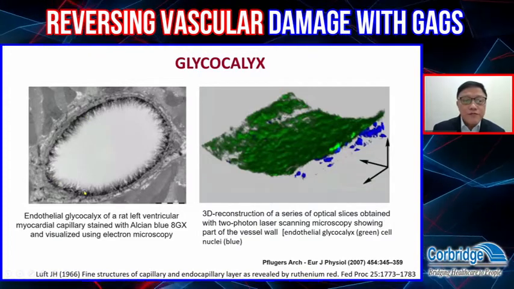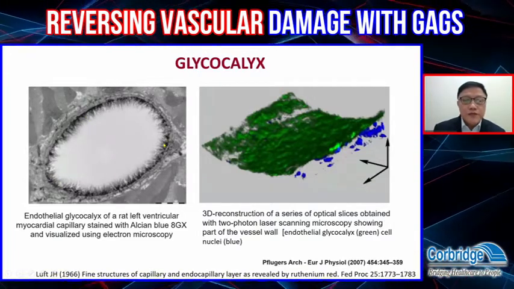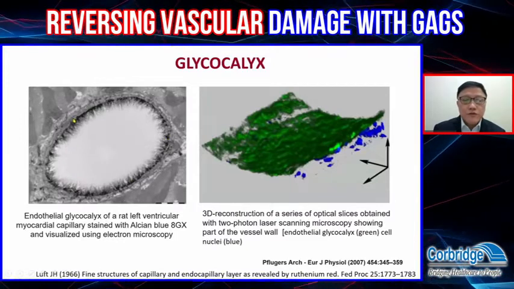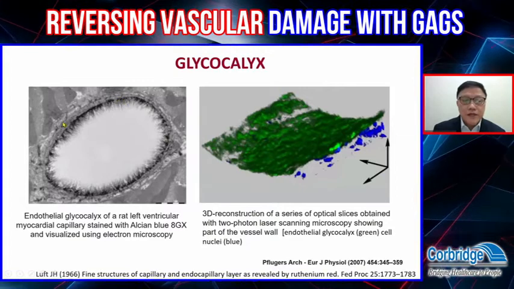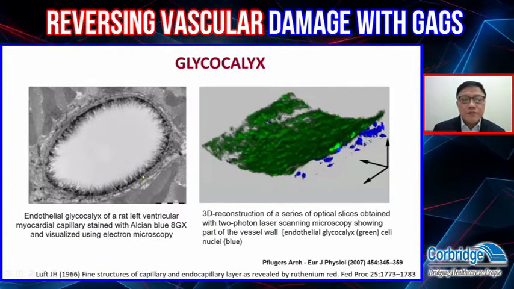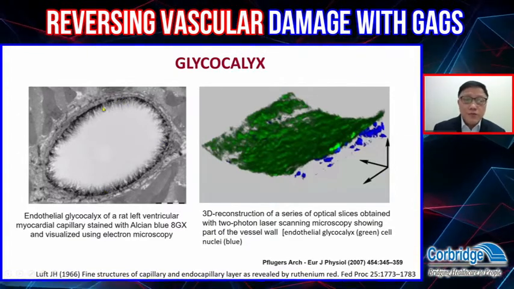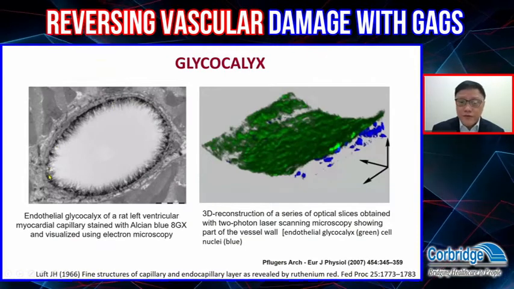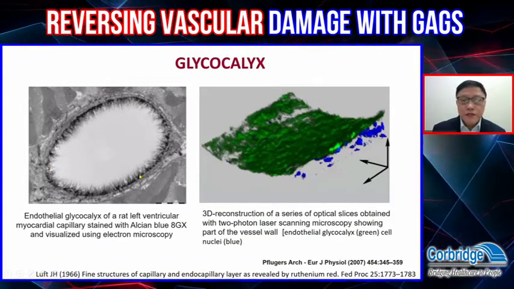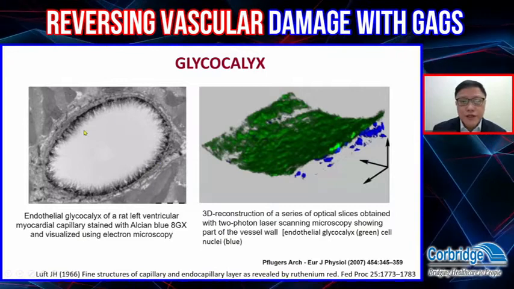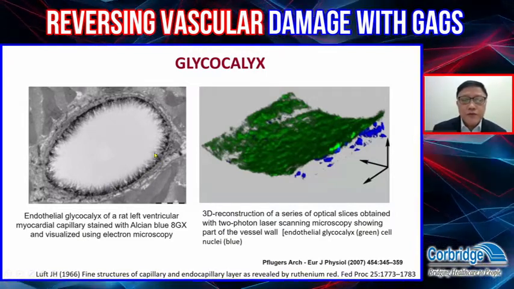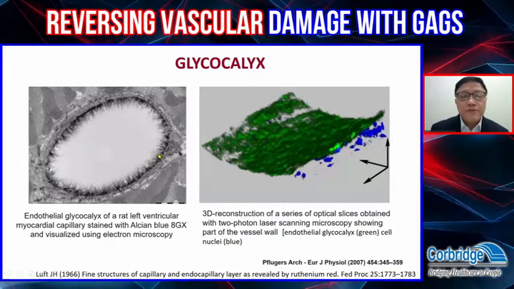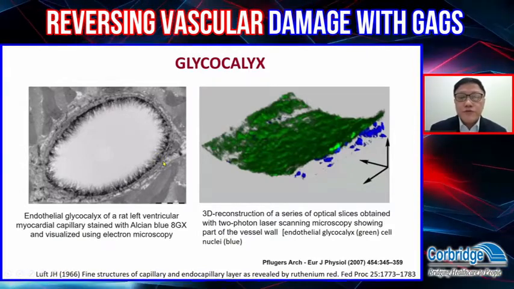lining the endothelium. In the past, we thought that the endothelium, a single cell lining the blood vessel, is the one protecting the blood vessel itself. But now we realize that there are hair-like structures protruding, composed of glycosaminoglycans and linked to the endothelium through the proteoglycans.